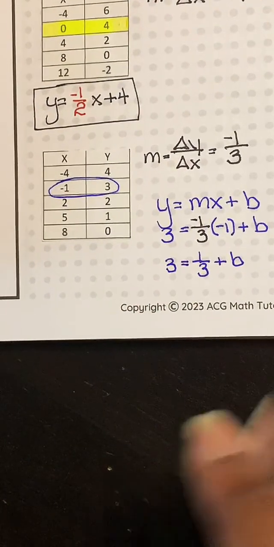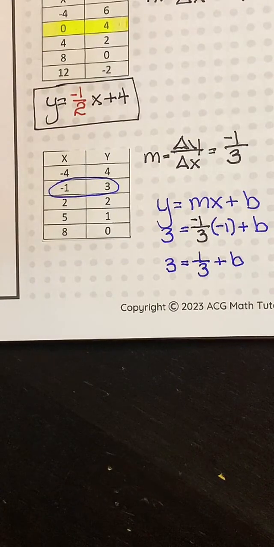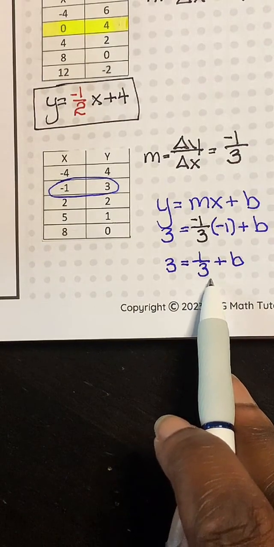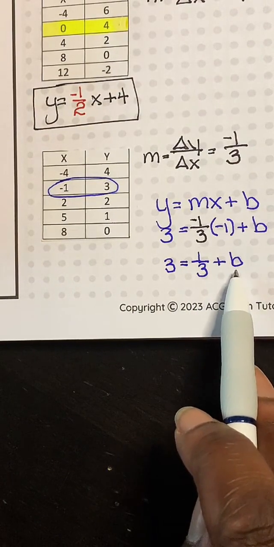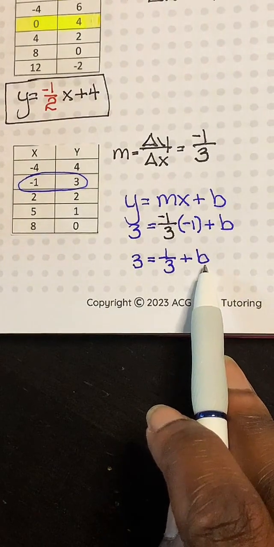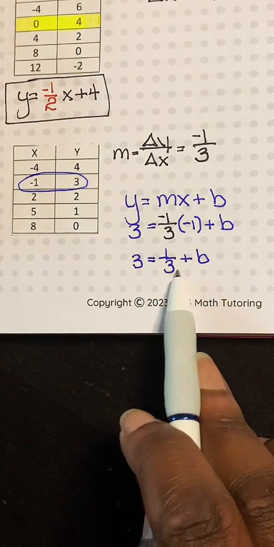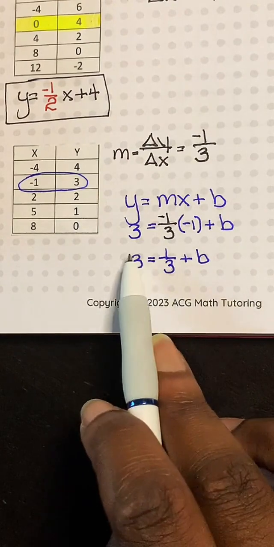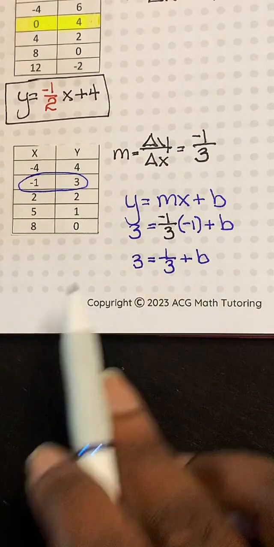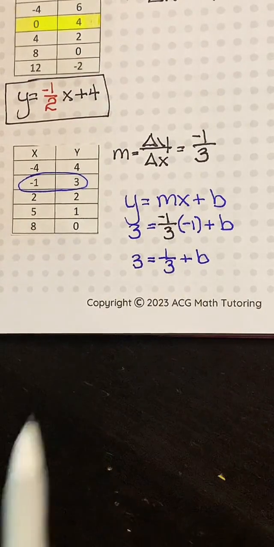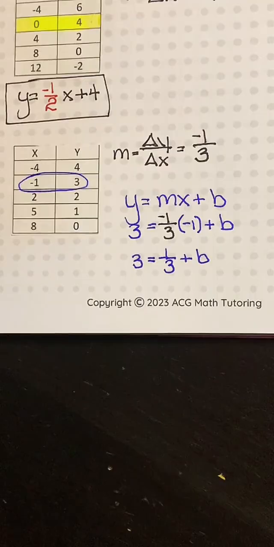Okay. Now, it's not going to be 9. I think some people put 9 there. Remember, this is 1/3. We want to solve for b. So we need to get the b by itself. So that means this 1/3, I need to move to the other side. I'm not multiplying it. I have to physically subtract it.